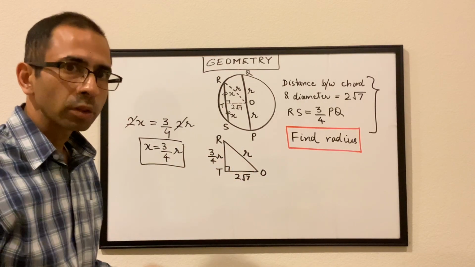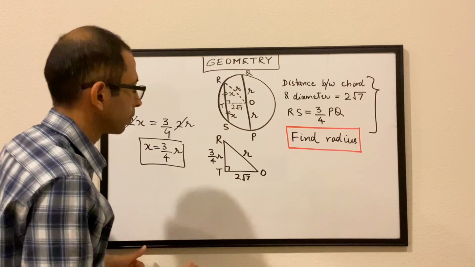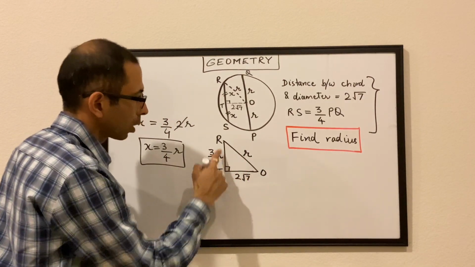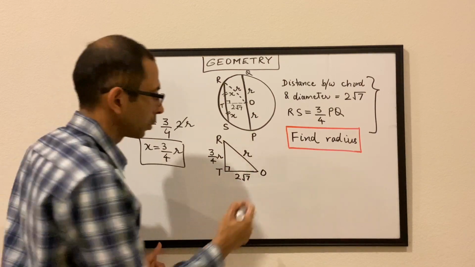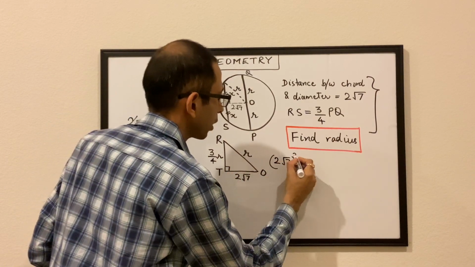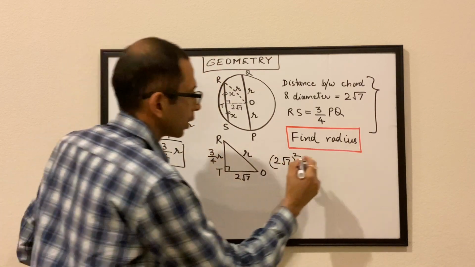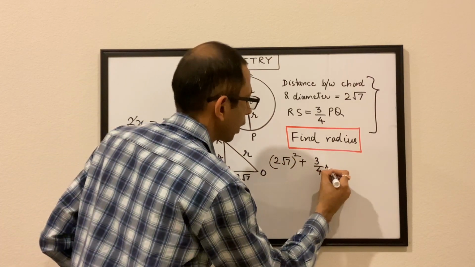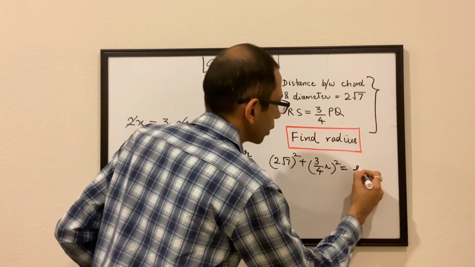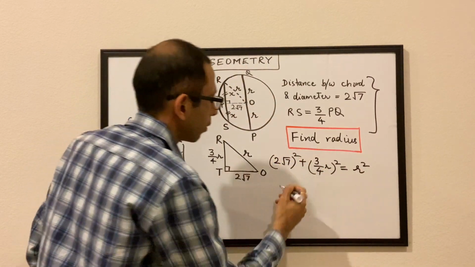We can use the Pythagoras theorem to solve for r. So what does the Pythagoras theorem say? Square of this side plus the square of this side is equal to the square of the hypotenuse. So square of this, 2√7 squared, plus square of this, 3/4 r squared, is equal to hypotenuse squared, which is r squared, right? We can expand this.